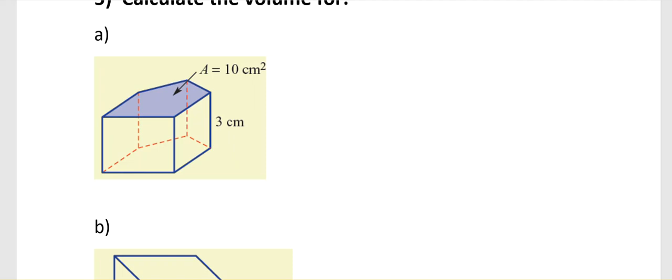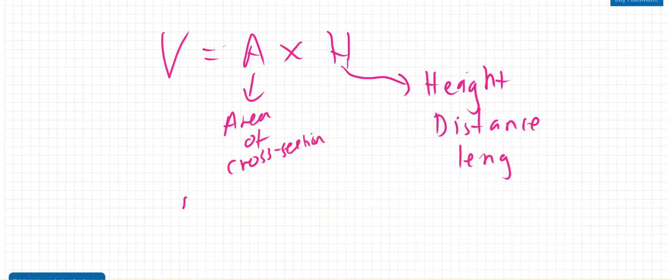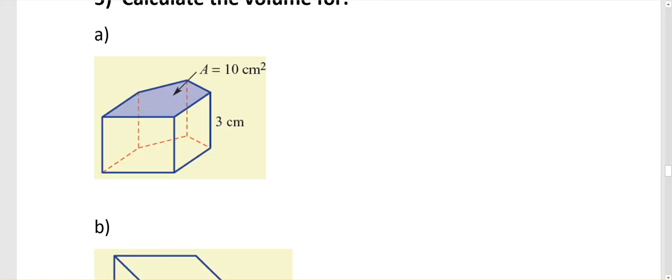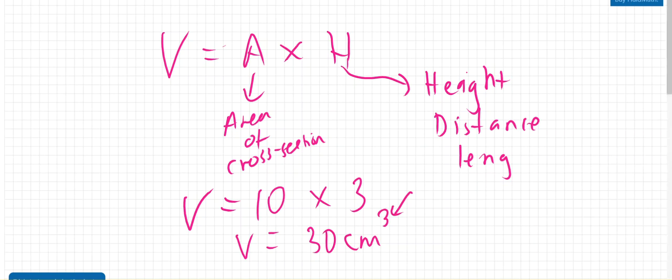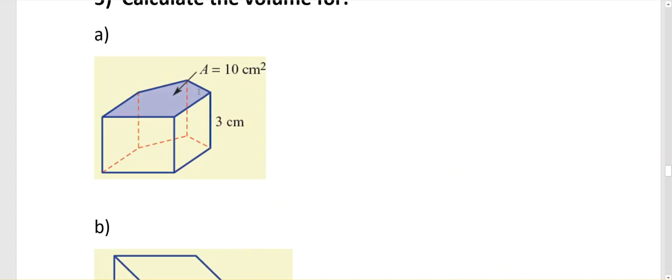So once we have those two things, all we have to do is go area of cross section, which was 10, times that height of 3. So the volume is going to be 30, I think it was centimeters, and put a cube there. That cube means it's cubes. With 30 cubes make up the volume of that shape that we just found. Okay? And that's how we do volume.